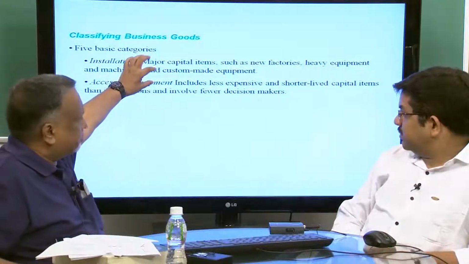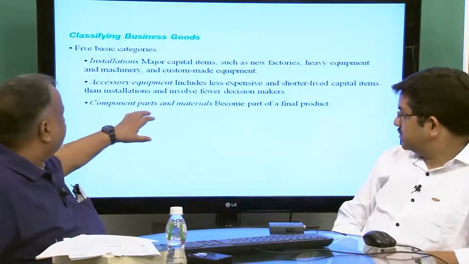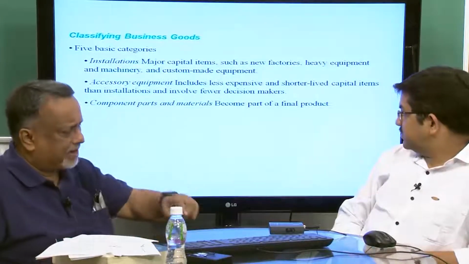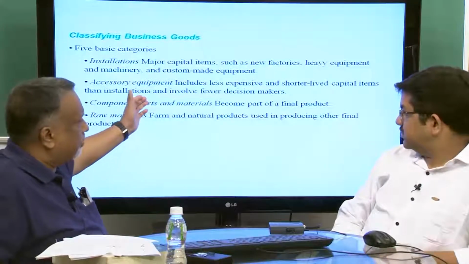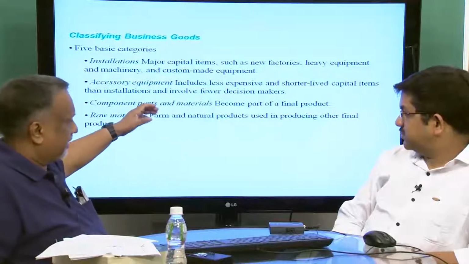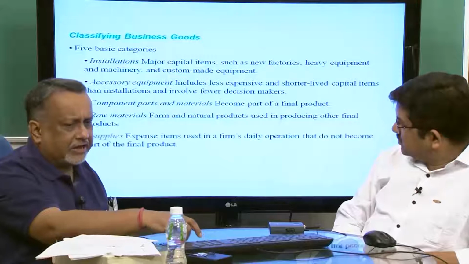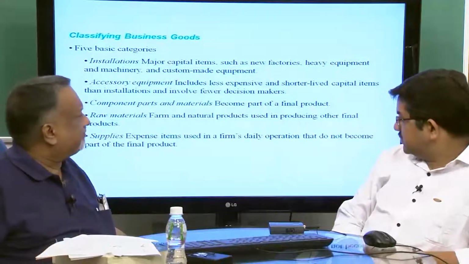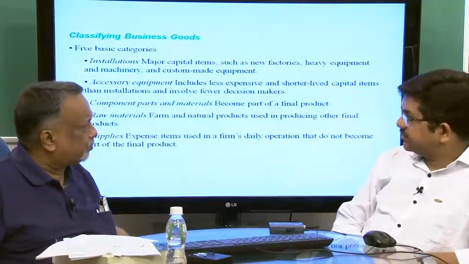Then we have the components and parts which go into the equipment itself. So this will be the engine block or the steering column of a car, and then we have raw materials and consumables. Now again here there will be different approaches to distribution as well as to promotion.